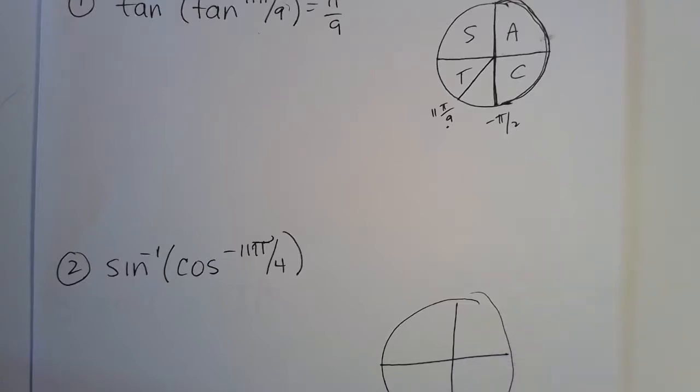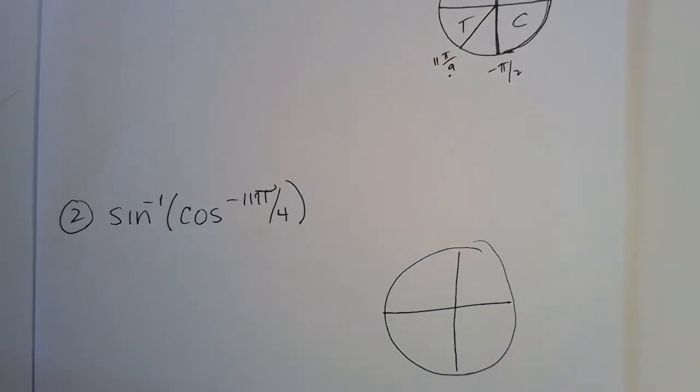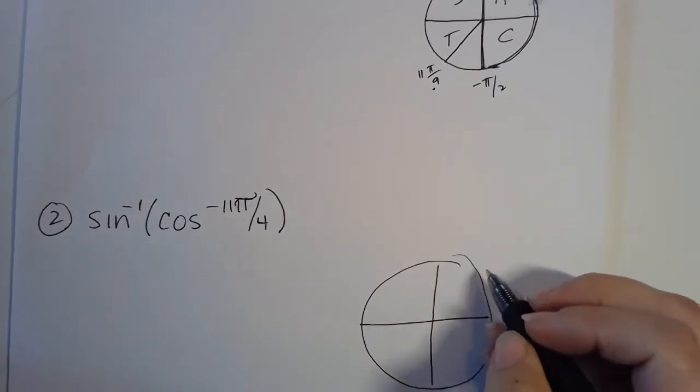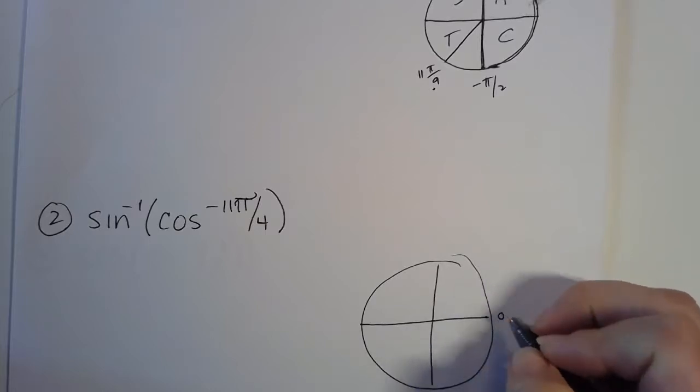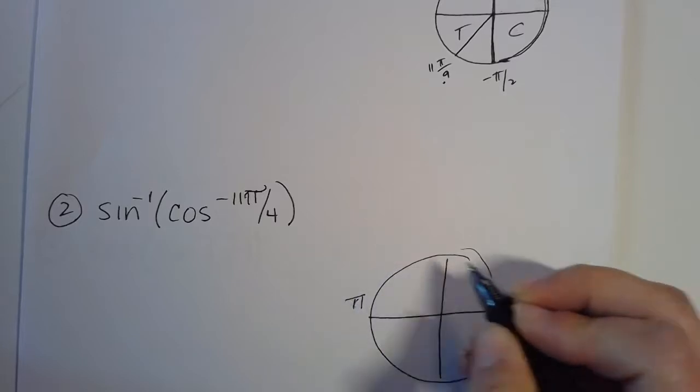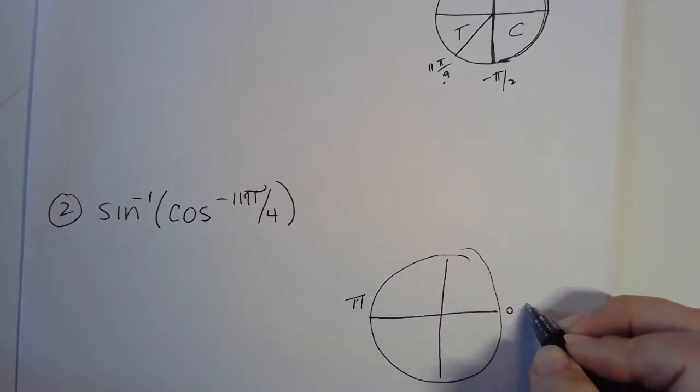Okay, so negative 11 pi over 4 is basically 1 pi over 4 step away from 3 pi, because negative 12 pi over 4 would give me negative 3 pi. So that means I'm like 1 step short of 3 pi. So now I'm negative here. So here is my 0. Here would be pi. Here would be 2 pi.